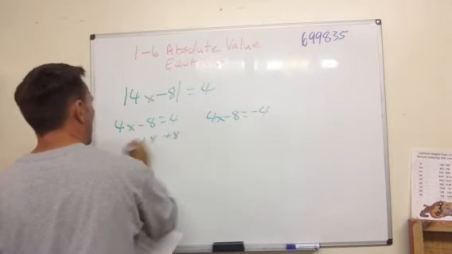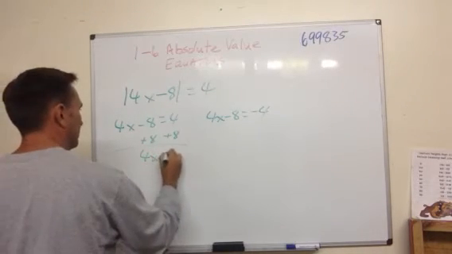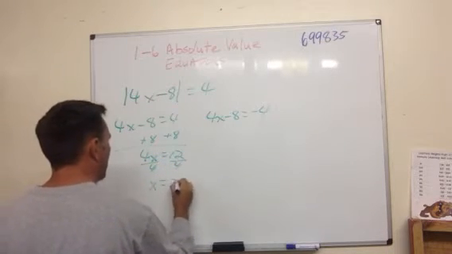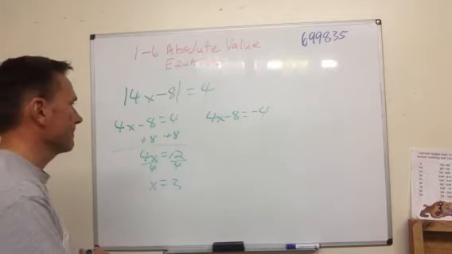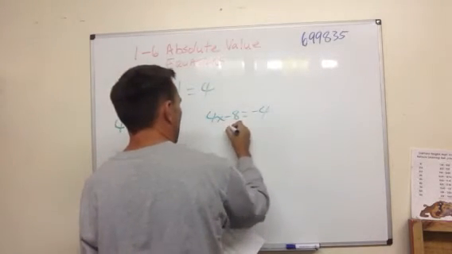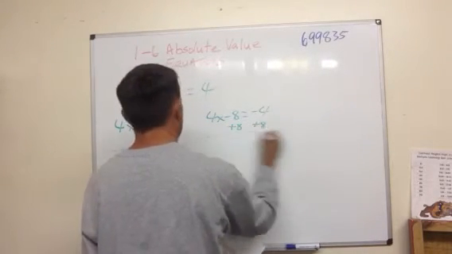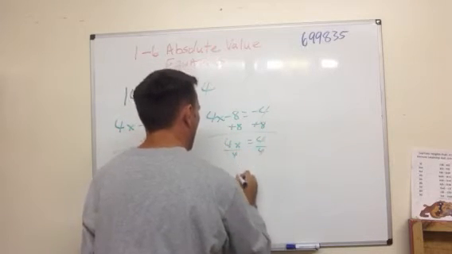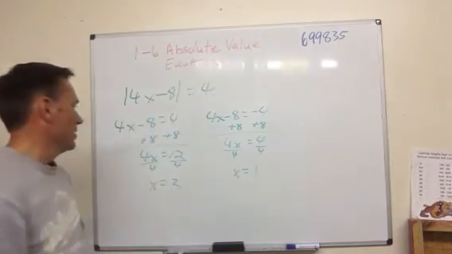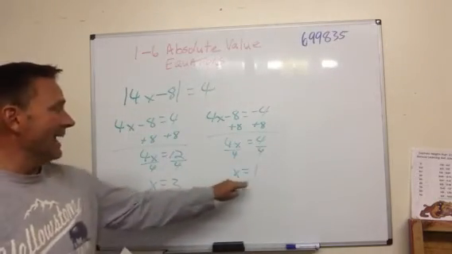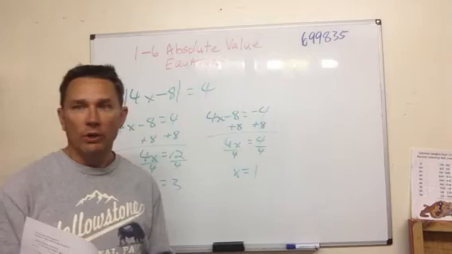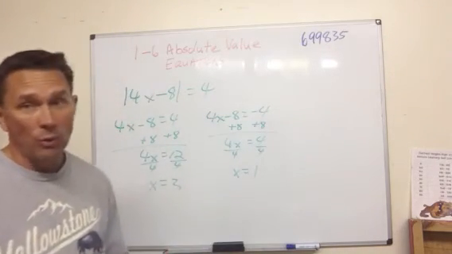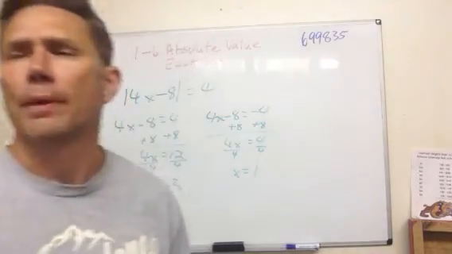To solve the first problem, my first answer is 3. My second problem, I'm going to add 8 to both sides, divide by 4, and I get an answer of 1. So my two answers are positive 3 and positive 1. We don't necessarily need to have a positive and a negative. We could have two positives, or we could have two negatives.